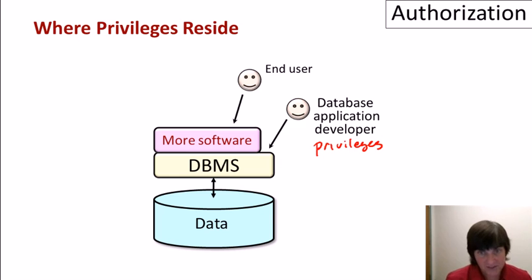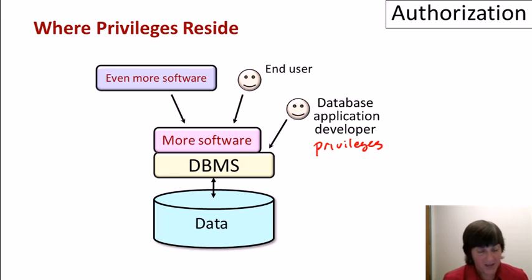They might have separate privileges to access the modules, but they're not going to be using the privilege system of the database system. And similarly, there may be even more software layered on top of the software that the application developer builds. And again, that software itself wouldn't be having database privileges, but might have an authorization system for the software that it's accessing.